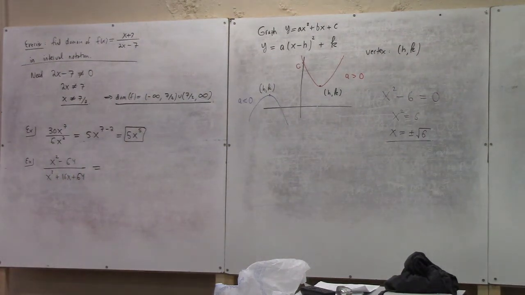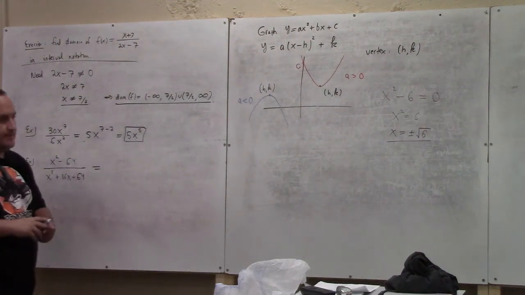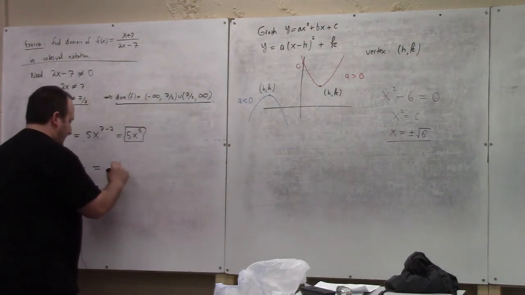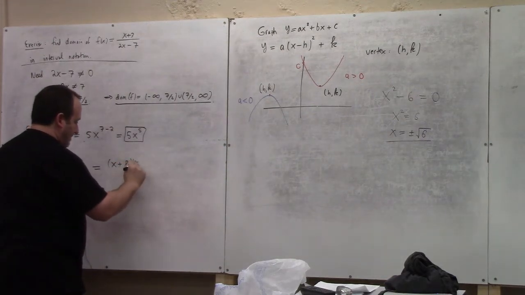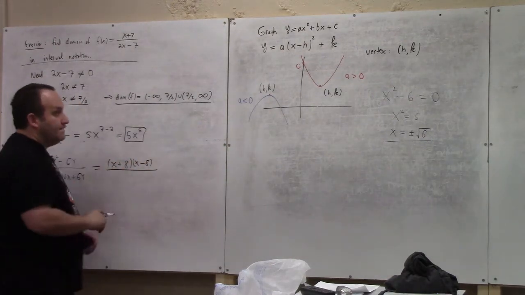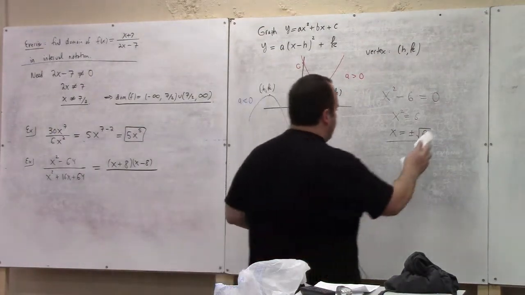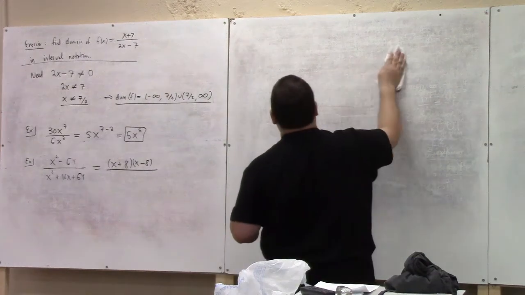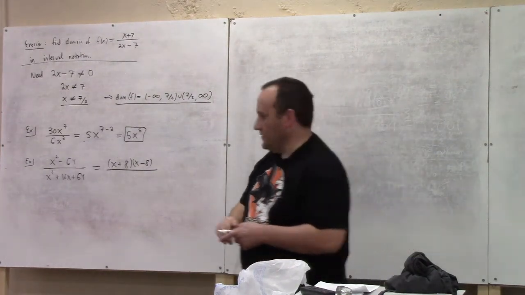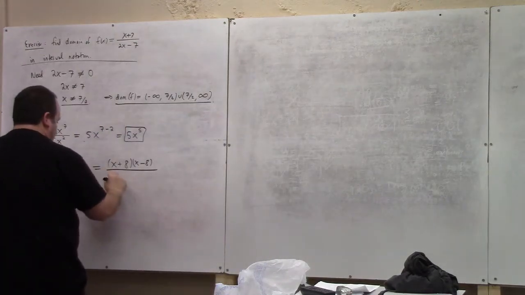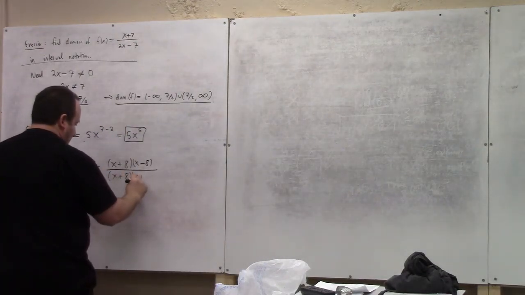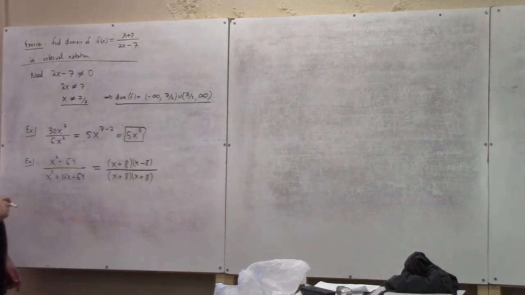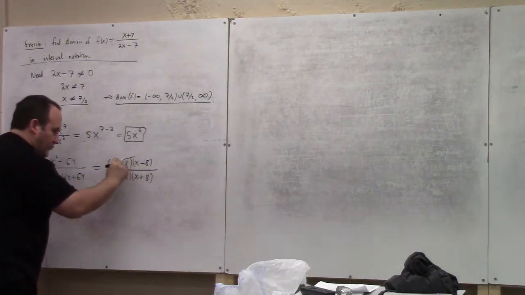Well, you factor the denominator and you factor the numerator, right? How does the numerator factor? Yeah, x plus 8 times x minus 8, right? How does the denominator factor? Yeah, x plus 8, x plus 8. Very good. And so what's the simplification we can make here? Right, yeah, these cancel.